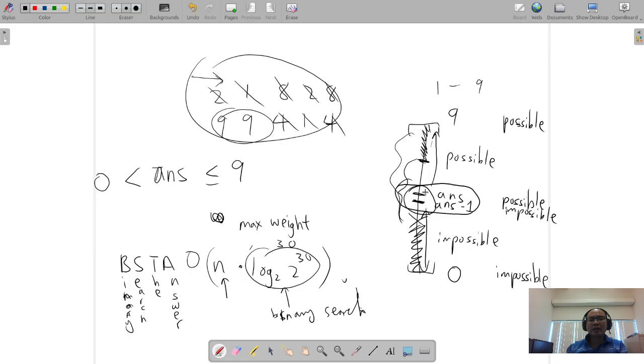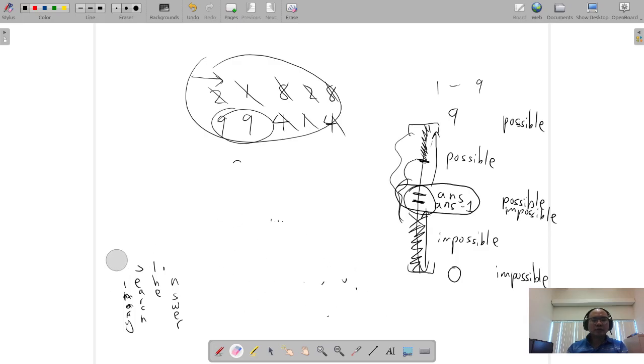And once it's possible, it's always possible. So how are we going to do this? We always make sure that impossible is the low and possible is high.